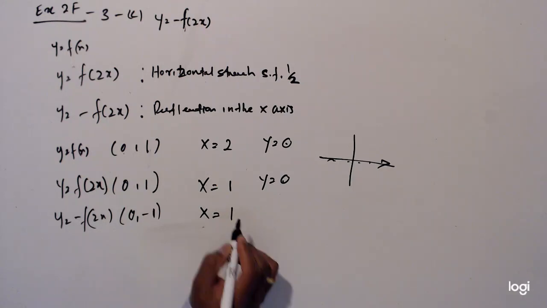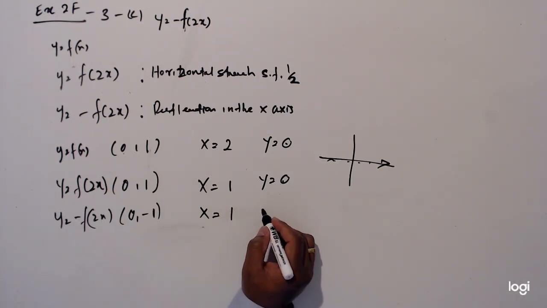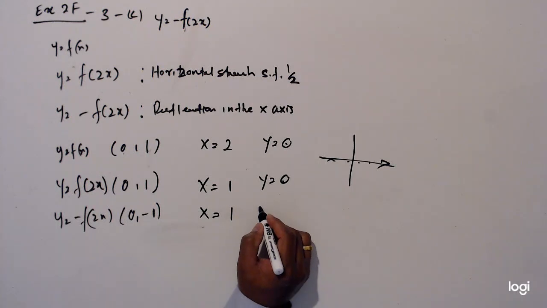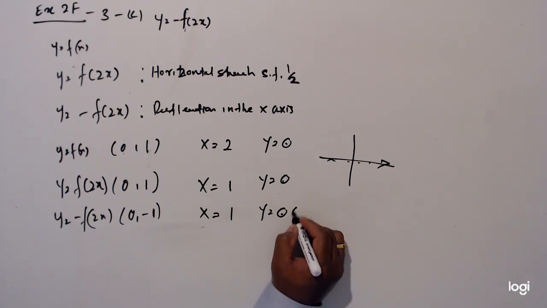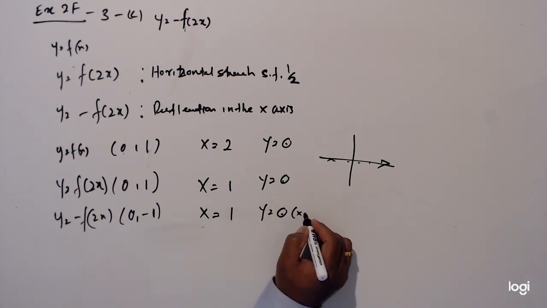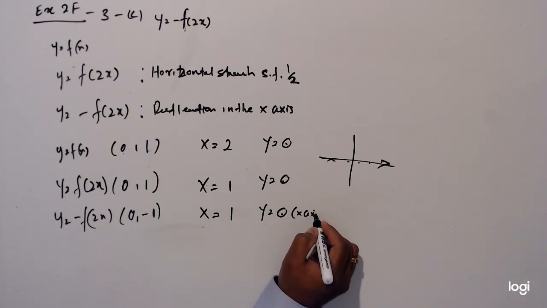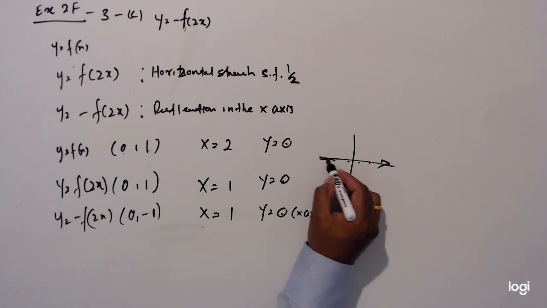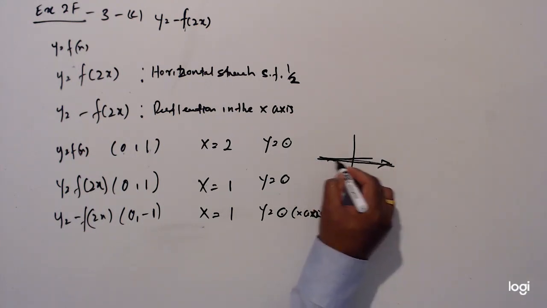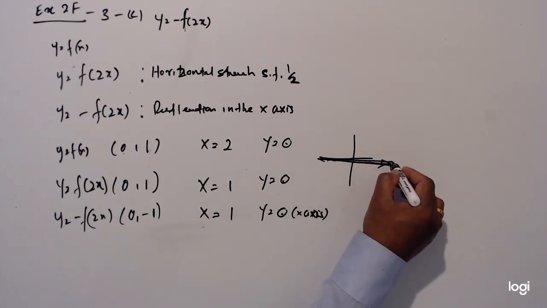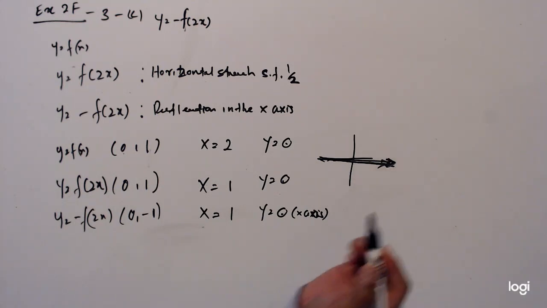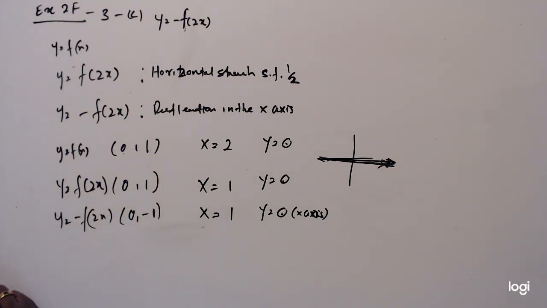The y equals 0 line, the x-axis, stays the same, because y equals 0 means the x-axis. So we are taking the mirror reflection along the x-axis, so it stays the same.